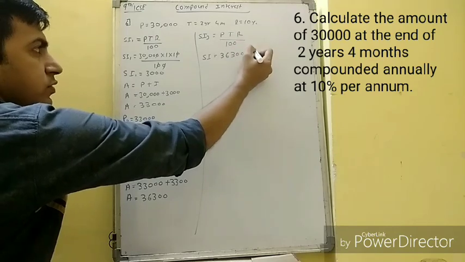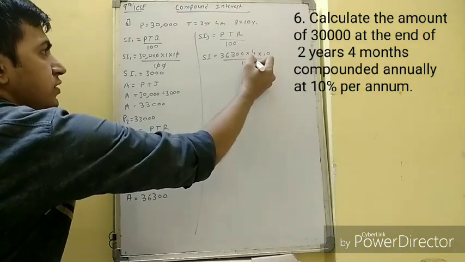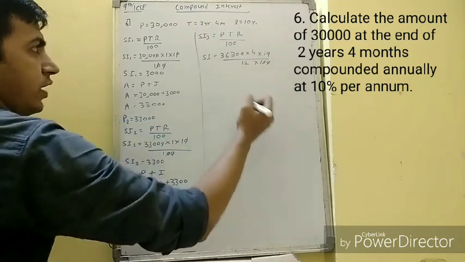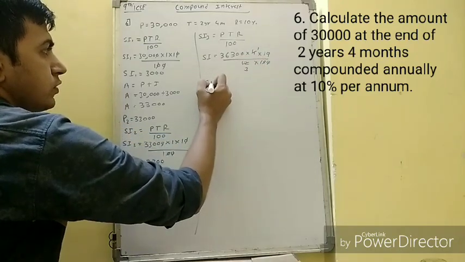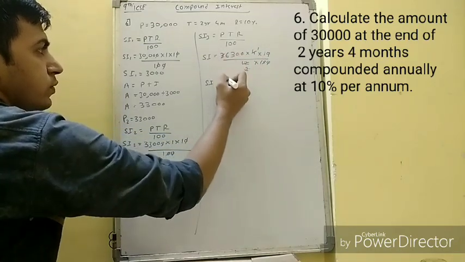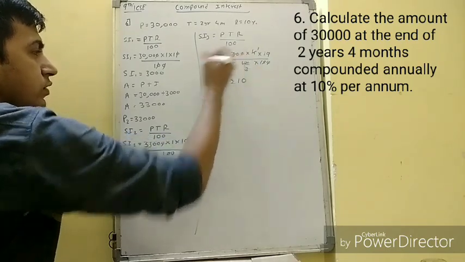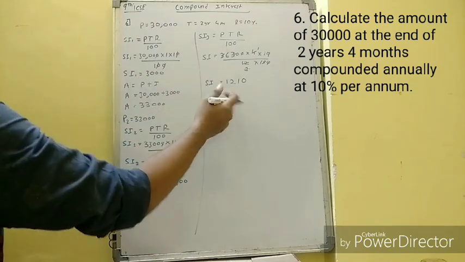Time is 4 months, so 4 upon 12, and rate is 10 upon 100. The zeros cancel. 4 ones are 4, 4 threes are 12, so the simple interest will be 1210. So this is the simple interest at the end of 2 years and 4 months.